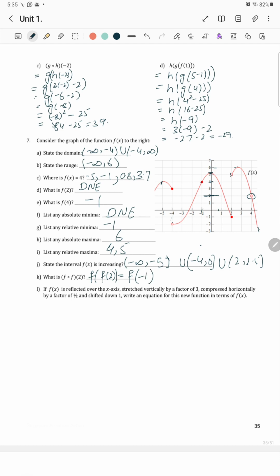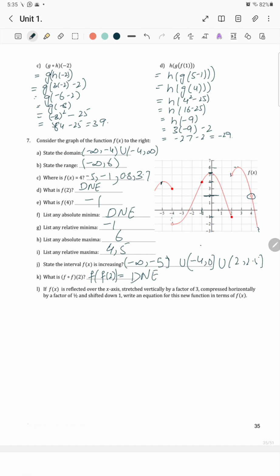So f of minus 1 is equal to point. f of 2 does not exist, so it's not going to exist.